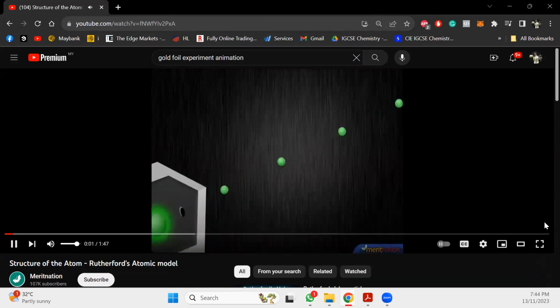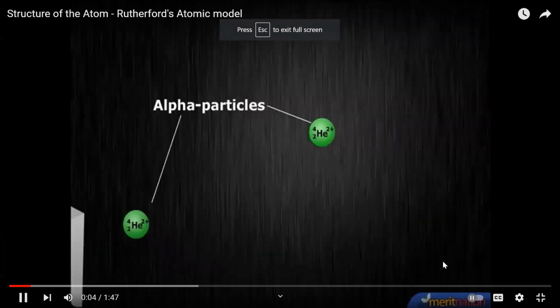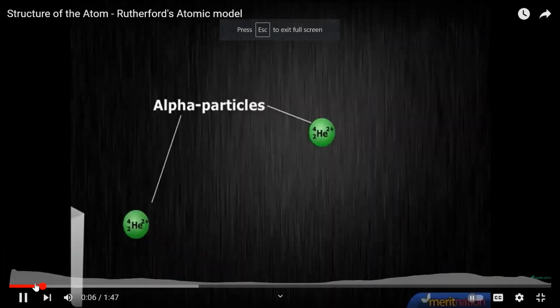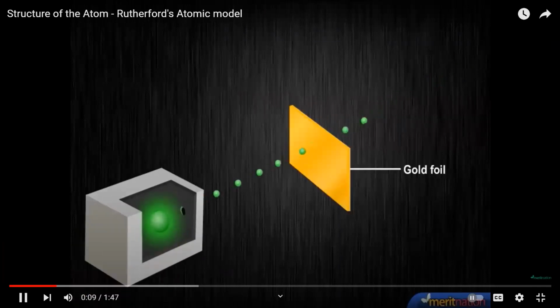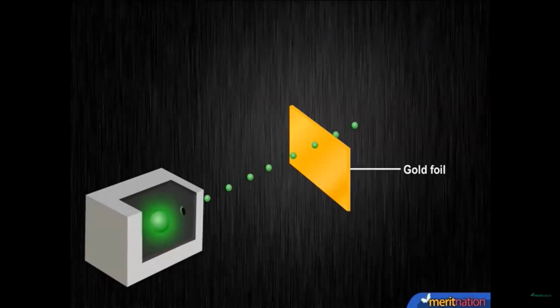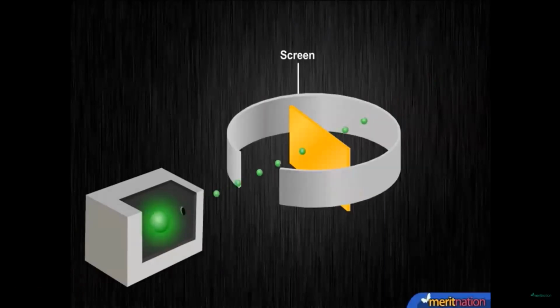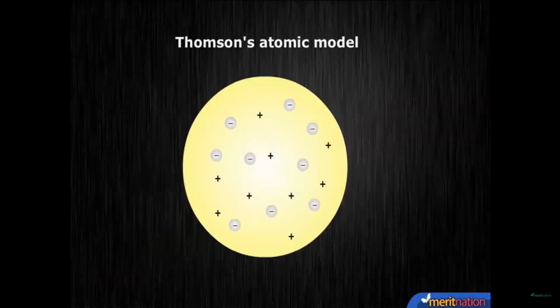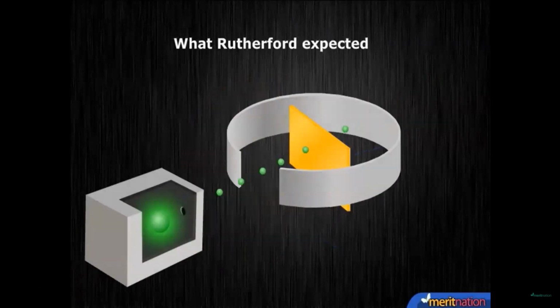While performing experiments on radioactivity, Ernest Rutherford bombarded fast-moving alpha particles on a thin gold foil. He observed the reflection of the alpha particles with the help of a screen. Now, according to Thomson's atomic model, an atom consists of a positively charged sphere with electrons embedded in it. So, Rutherford expected that almost all the alpha particles would pass straight and only small deflections would be observed, if any.